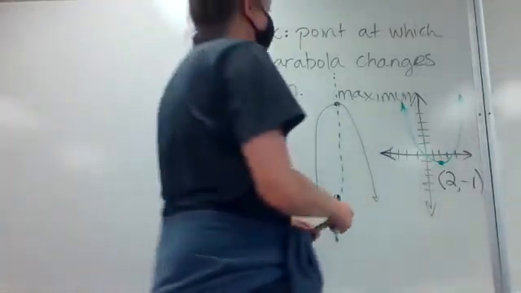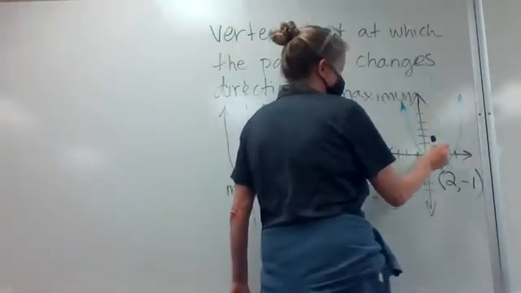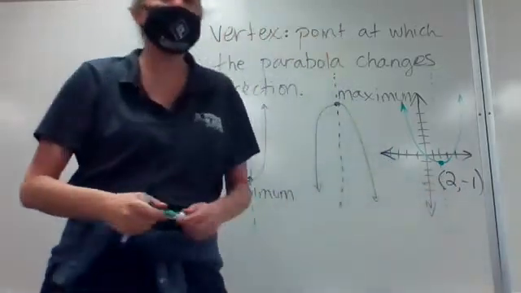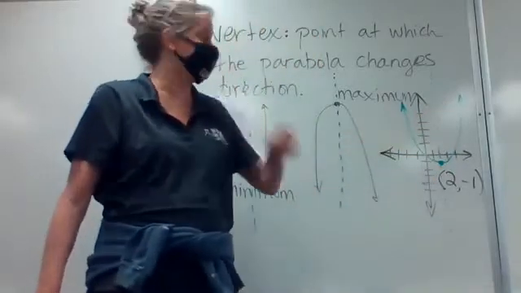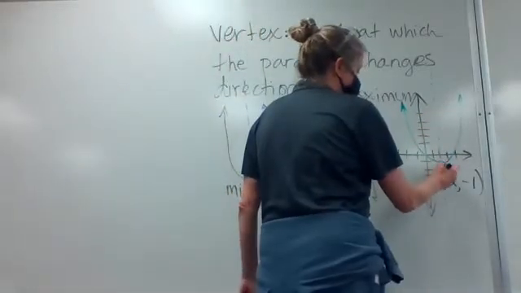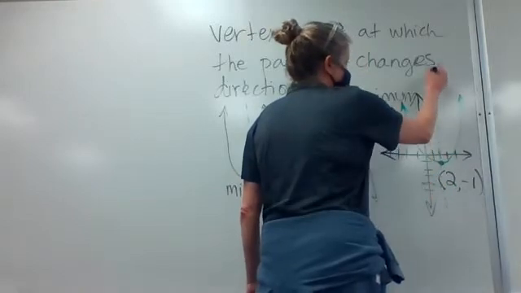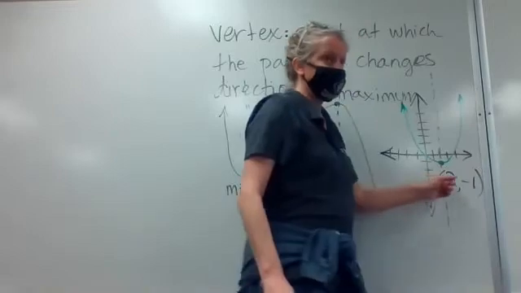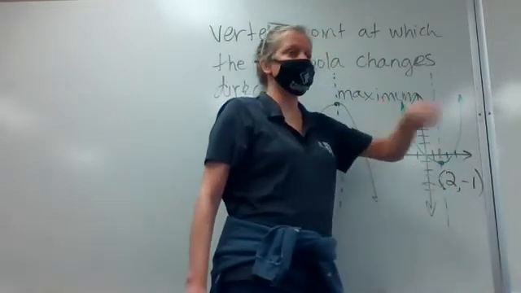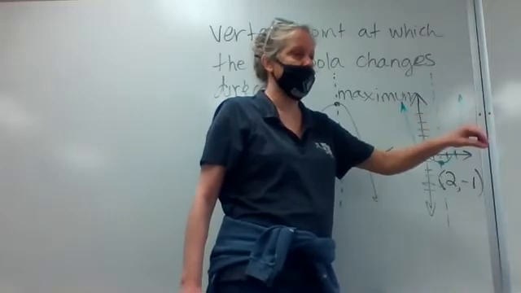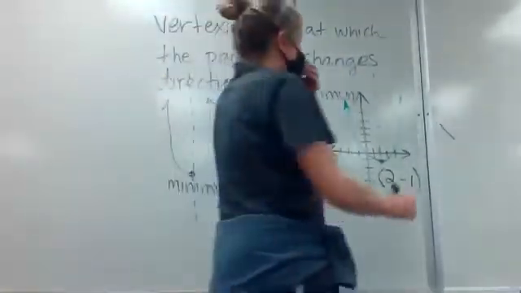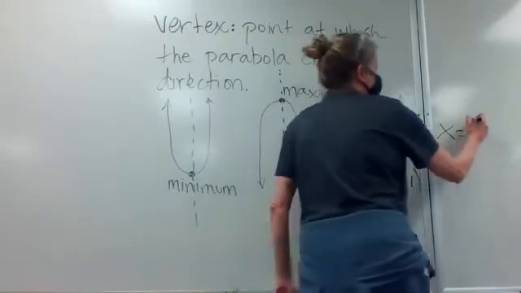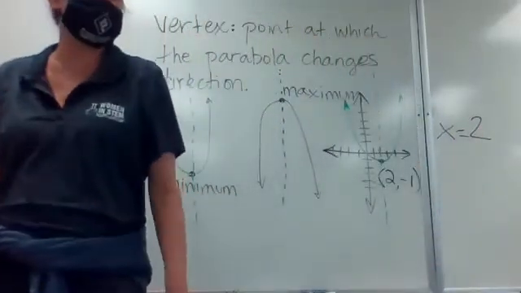Its axis of symmetry, which is the vertical line that goes straight through the vertex, is going to come in equation form, since it's a line. What is every single x coordinate if you're on this line? 2. Every single point you've gone to the right 2. So the equation of the axis is always going to be x equals whatever the x coordinate of the vertex was.